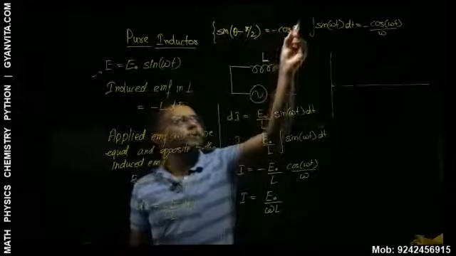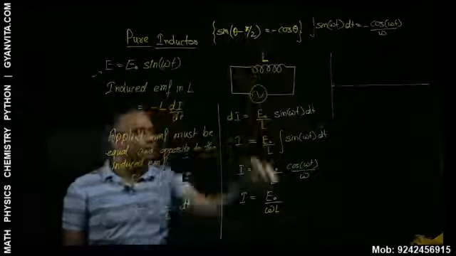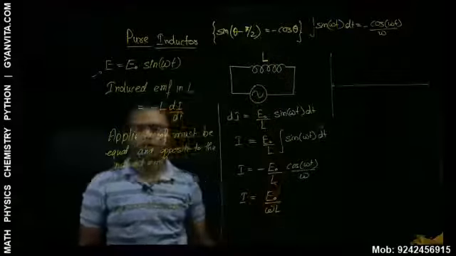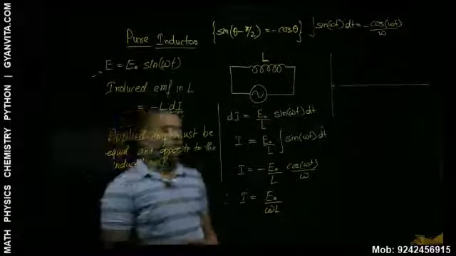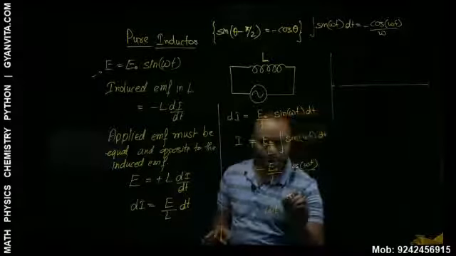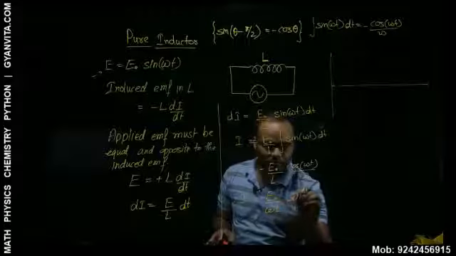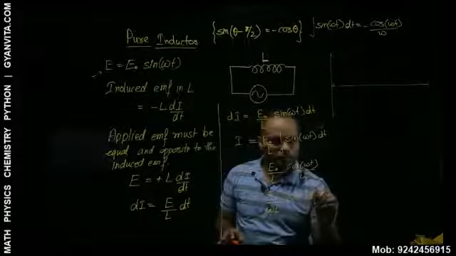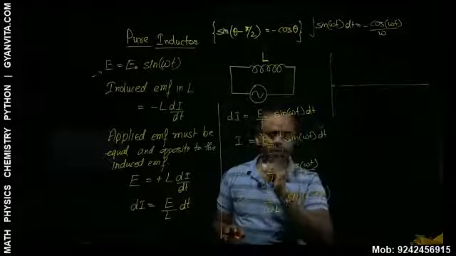This is from your trigonometry. So now use that here. You have minus cos omega t, which can be written as sine of omega t minus pi by 2.